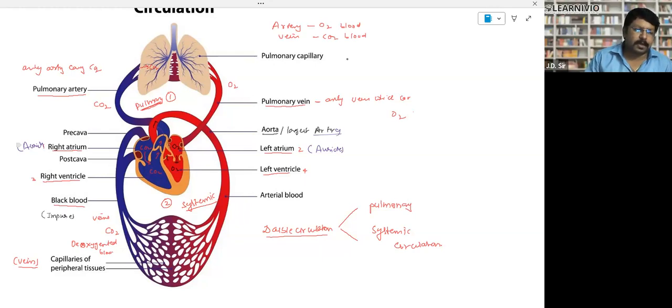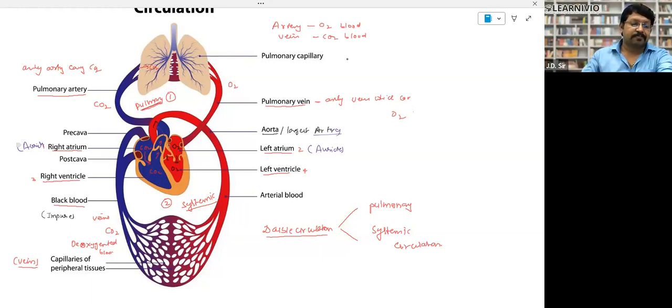Impure blood is taken through the veins, and it is poured into the right atrium or right auricle, through the largest veins called vena cava.